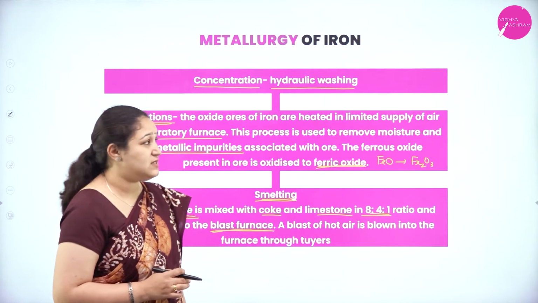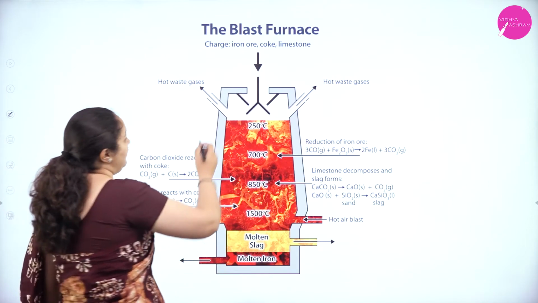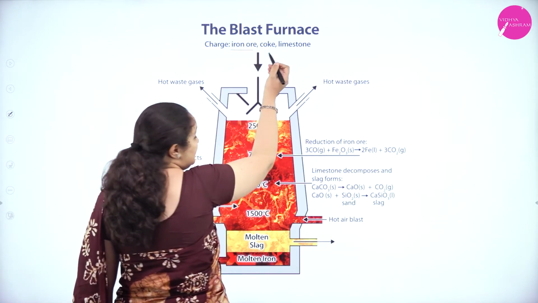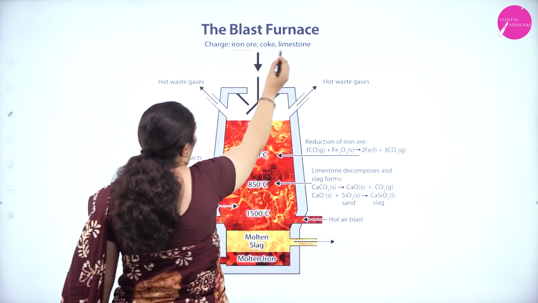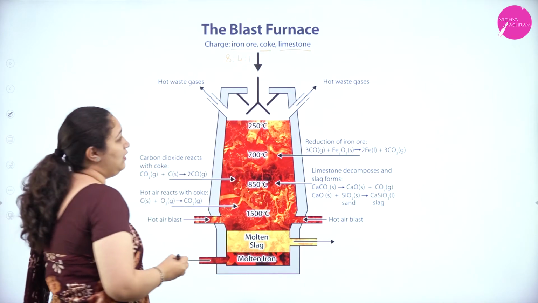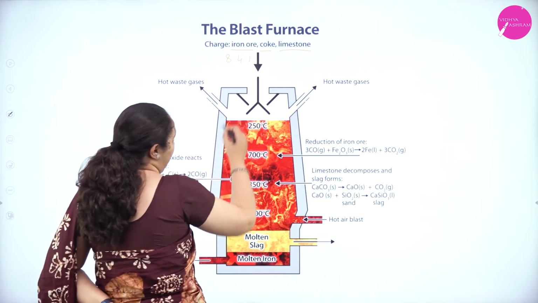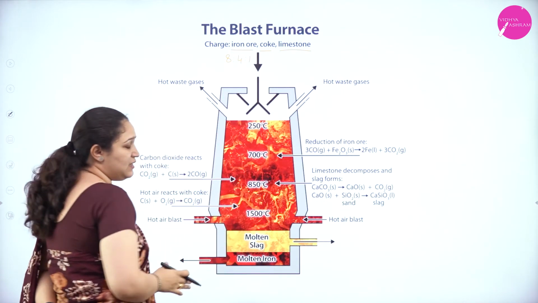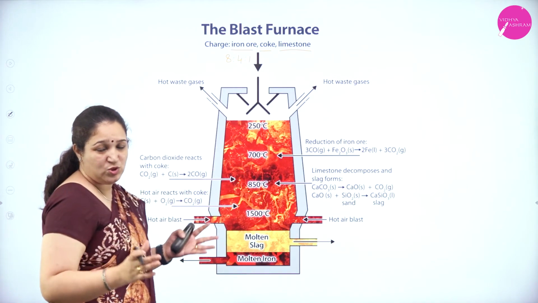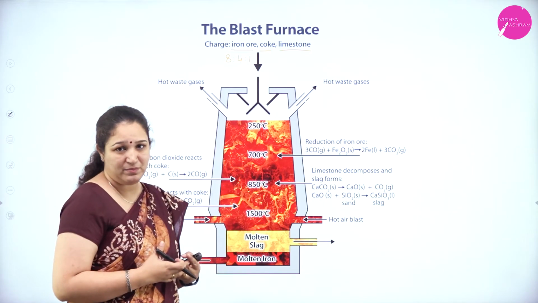So here you can see the blast furnace. So what are we taking? We are taking iron ore, that is the calcinized ore, coke and limestone in 8:4:1 proportion. Then we are charging it to the blast furnace. Blast furnace is a very huge furnace made up of bricks which can withstand the temperature.